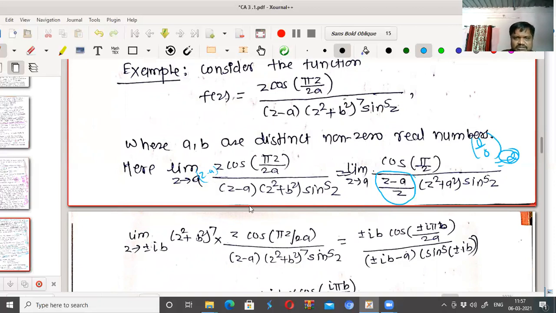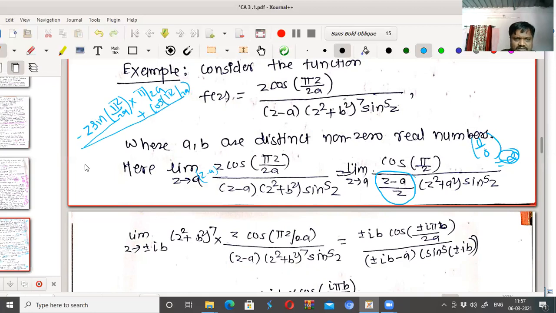What about the derivative of this term? This is 0 by 0 form. If I take the derivative, z into sin pi z by 2a into pi by 2a, minus plus only cos pi z by 2a, whole divided by the derivative of this term, that is the u into v into w formula.